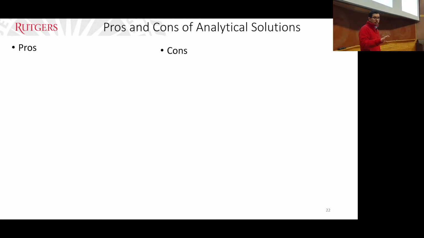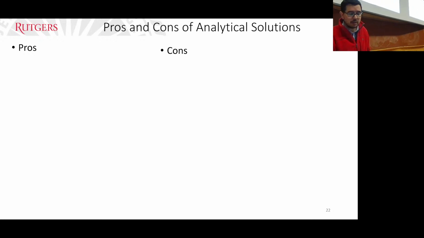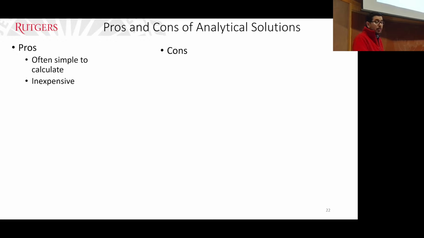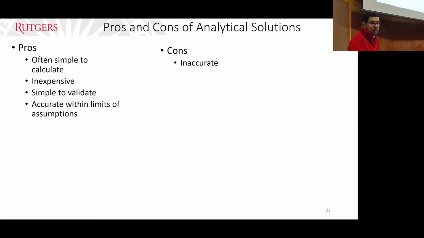So we get to a point where we get analytical solutions. And there are pros and cons of analytical solutions. Pros are an analytical solution is often simple to calculate, often inexpensive, simple to validate, and it's going to be accurate, within some bounds.